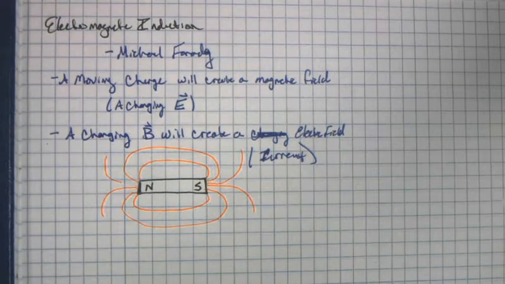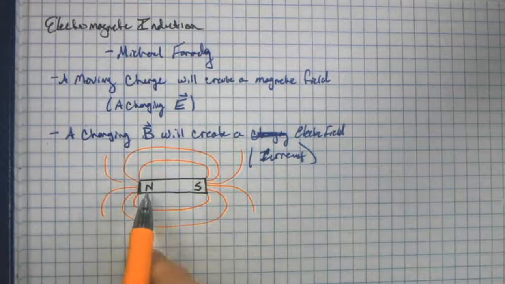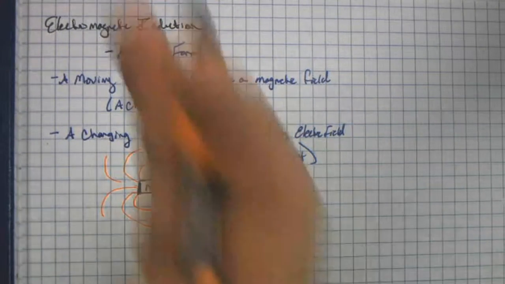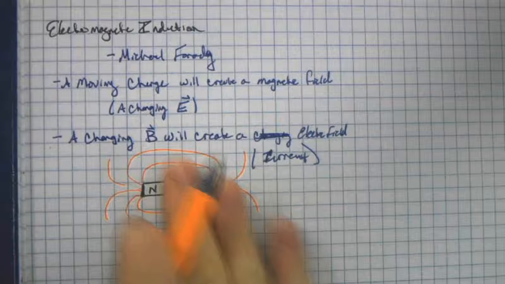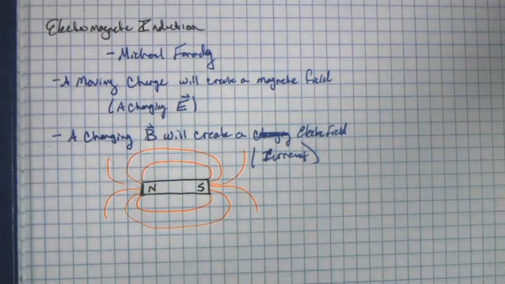Now, we talked about this before: whenever you have a north pole, you have to have a south pole. There is no way that you can chop this thing up and just get a north end, because the other end will always be south.